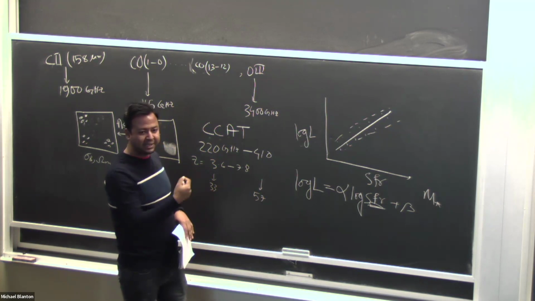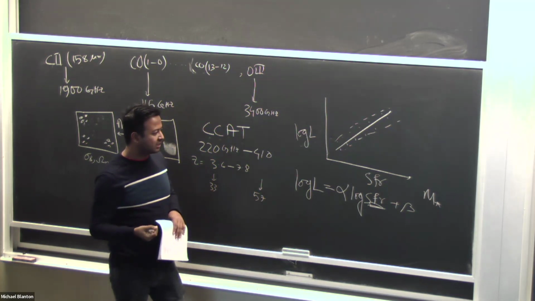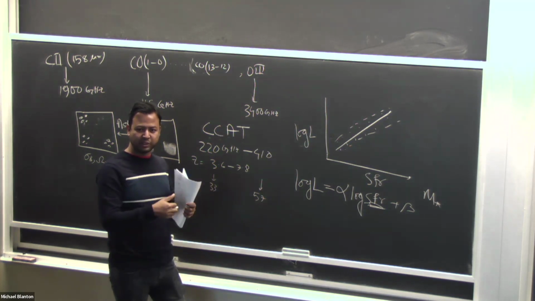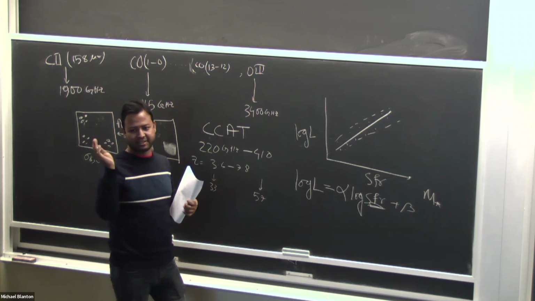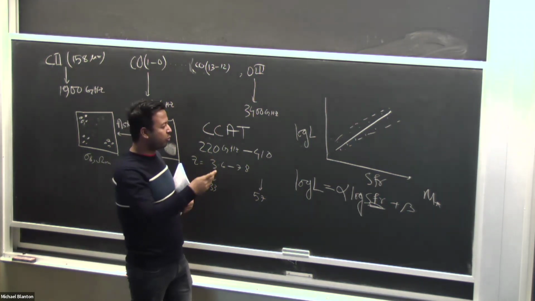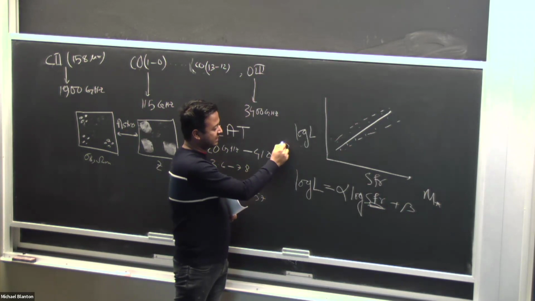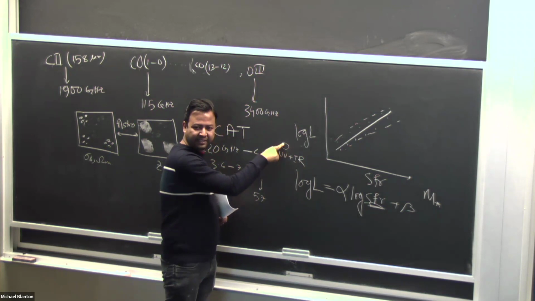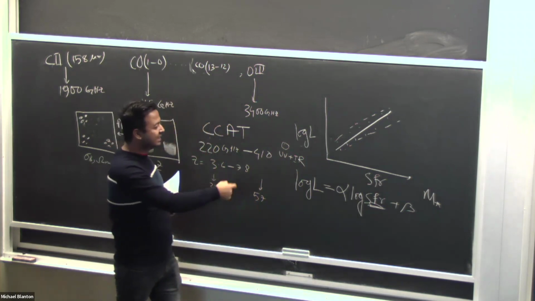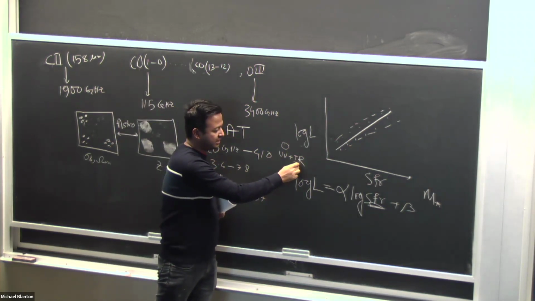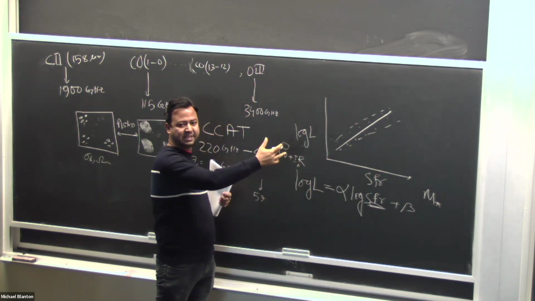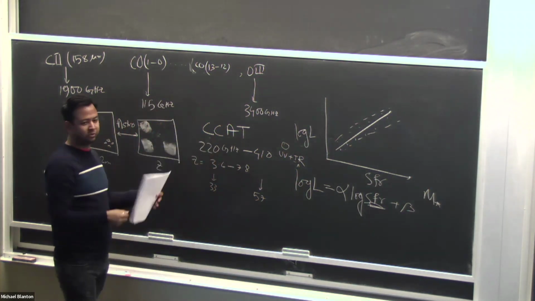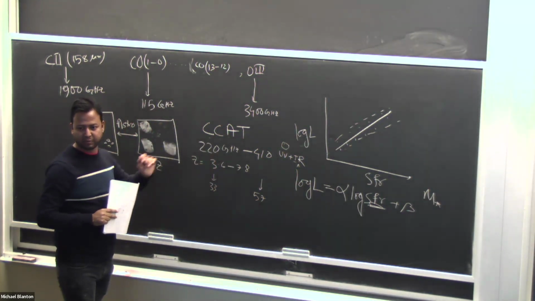Also, multi-wavelength observation is important because some of the young stars, which are very dusty, absorb the UV radiation and re-radiate in IR. So when I observe a particular galaxy in both UV plus IR, I can relate it to the star formation rate, because new stars are dusty and emit in IR, and also the massive and short-lived stars emit in UV. So adding all these pieces, you can get some estimate of the star formation rate.